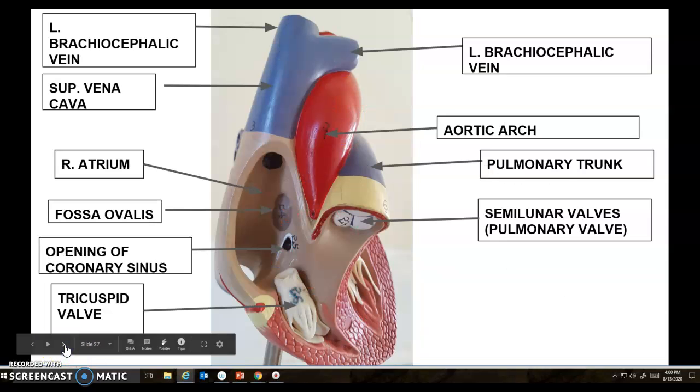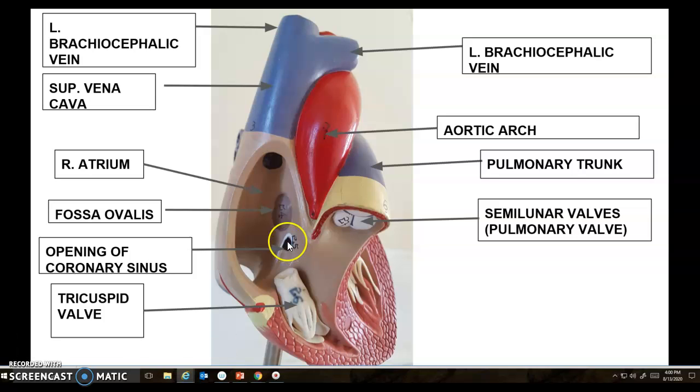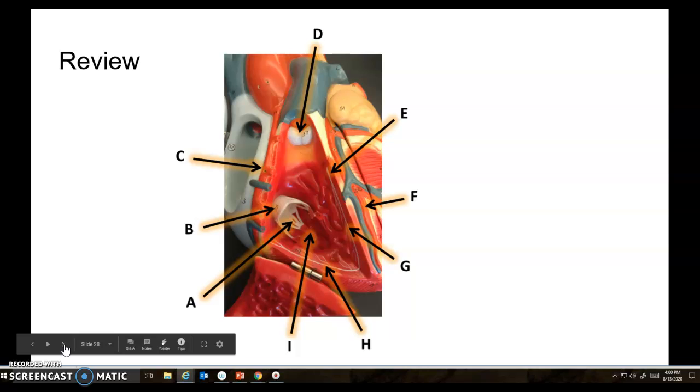I've opened up this part of the heart and you can see the semilunar valves, the tricuspid valve, chorda tendineae, you can see very well, opening of the coronary sinus, fossa ovalis, and of course this is the right atrium, right? And here's the superior vena cava, bringing the blood back from the top of the heart, or structures above the heart.